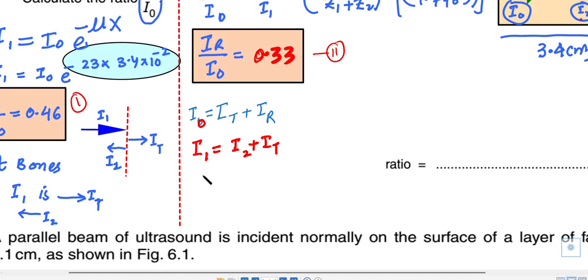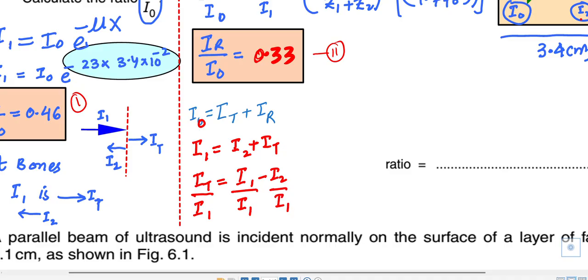So IT is equal to what? You can say it will be I1 minus I2. But you do not have direct values. So what I have to do is divide these numbers by I1 on both sides.